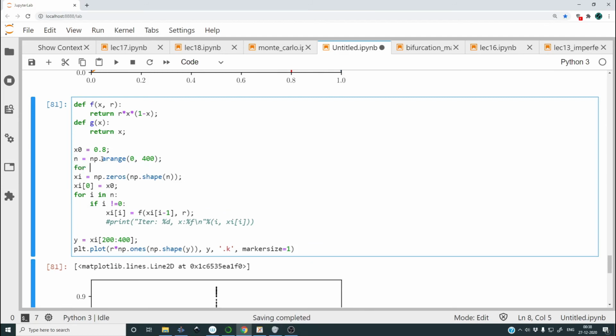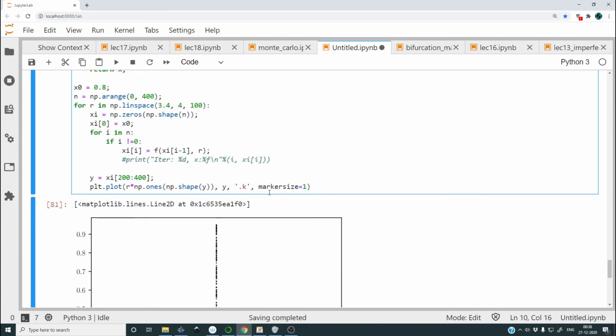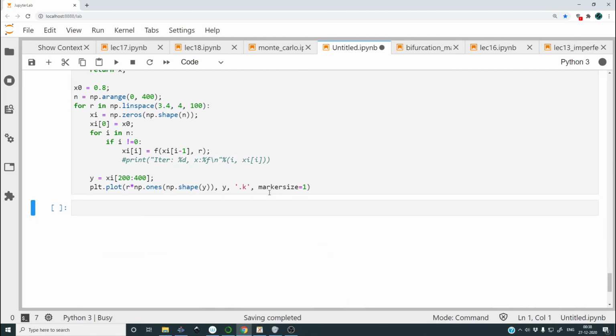So for R in np.linspace, let me just check the parameter value 3.4 to 4. Let me take 100 points. It will do all this plotting and may take a bit of time, so let me run this.